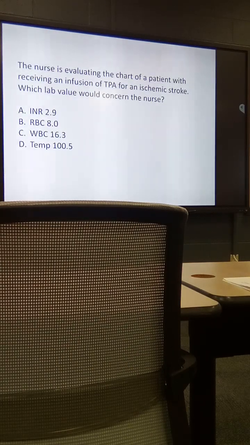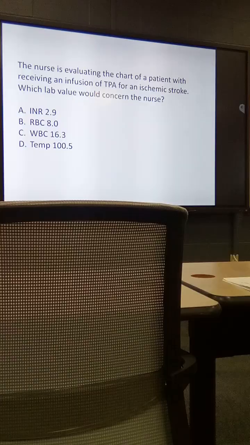The nurse is evaluating the chart of a patient with TPA. Which lab value would be most concerning? A, because why is it contraindicated because of the INR? What does it have to be above? Below 1.6, right? Normal is 0.9 to 1.2.